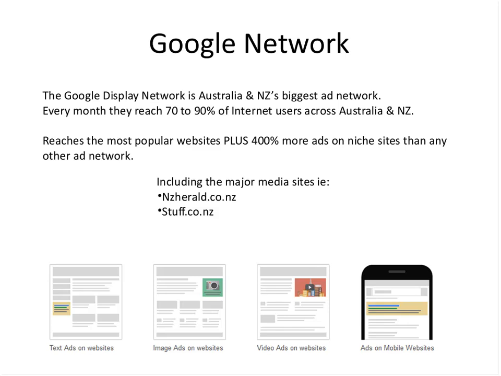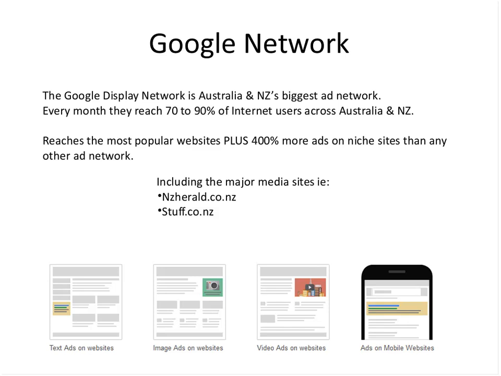So any person operating a website could join the Google Display Network and say, I'm going to sell my ad inventory using the Google Display Network. And then you come along as an advertiser and you bid on that inventory. So you say, yes, I'm interested in reaching that audience, and this is how much I'm prepared to spend per click to reach them. So using that ad exchange formula, they have massive, massive reach.